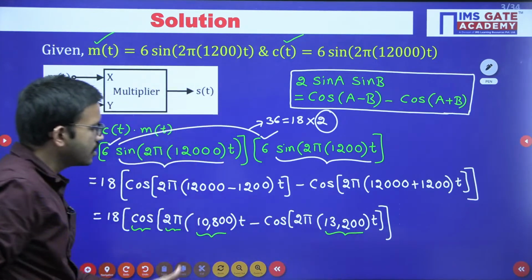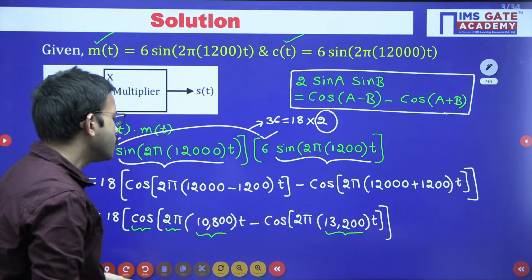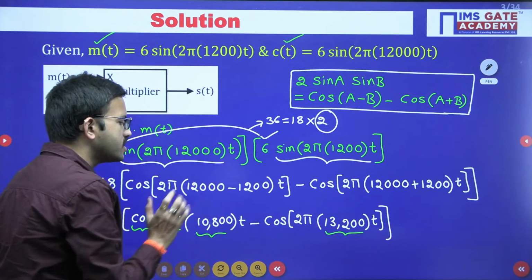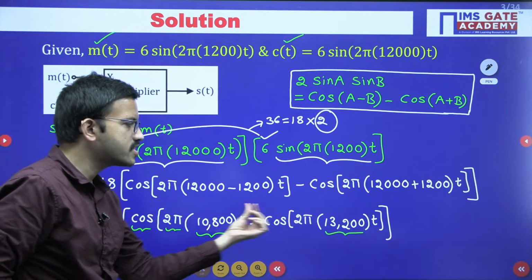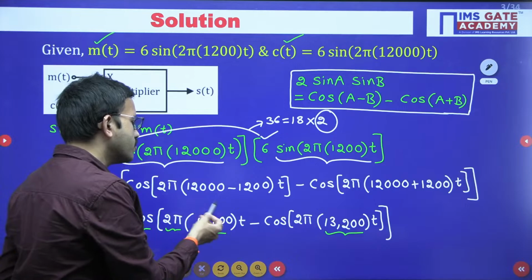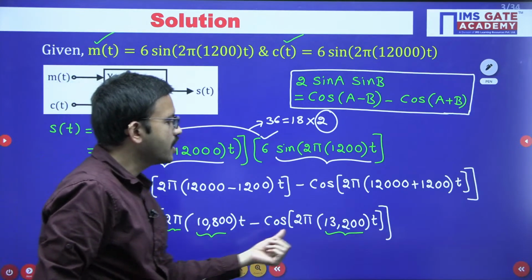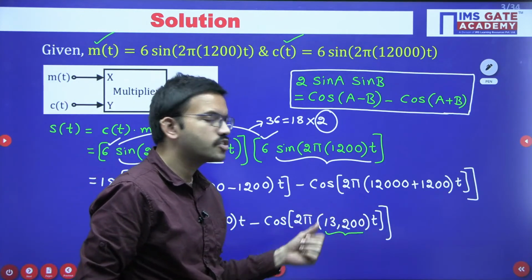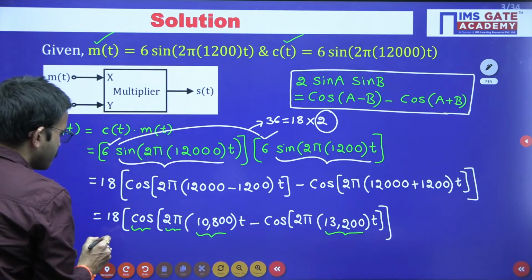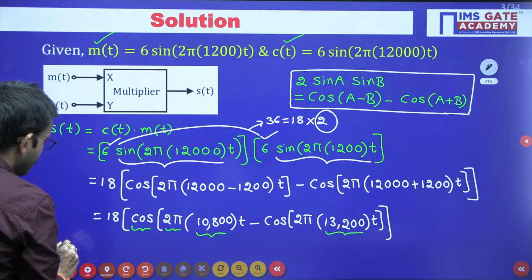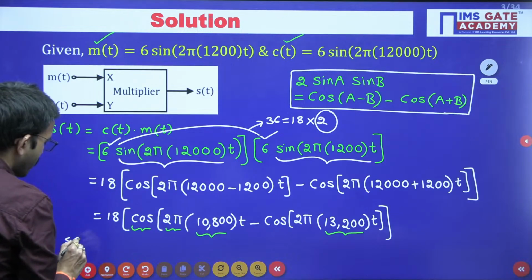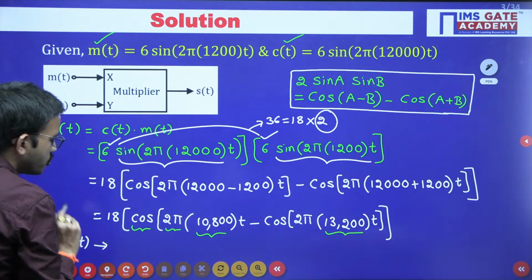So now if you observe, you are having one frequency from here and one frequency from here, and these two frequencies are not the same, right? Here you are having one frequency 10,800 Hz and here another frequency 13,200 Hz. So in this S of t signal we are having two frequencies.